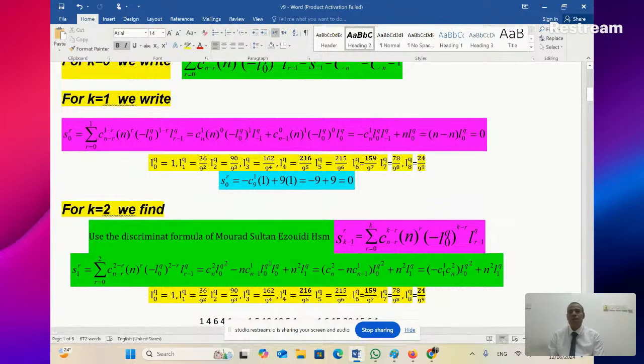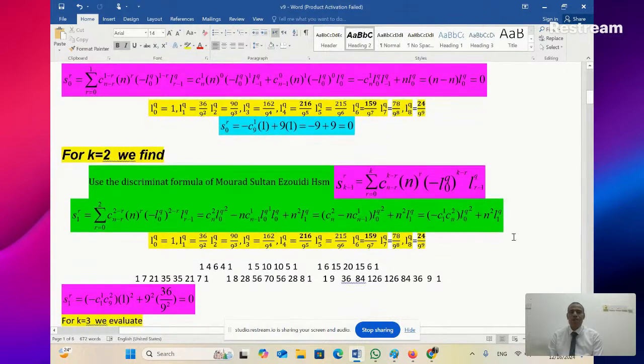Okay, so S0 in fact is negative 9 plus 9, because combination 9 choose 1 is 9 times 1, because the first coefficient is 1, plus 9 times 1, so it's going to be 0. Now we find S1. To find S1, just make the substitution in the decimal formula of Murad Sultan Ezouidi, and you will reach the formula written as negative combination 1 choose 1 times combination n choose 2 times L0 for this q squared plus n squared times L1.